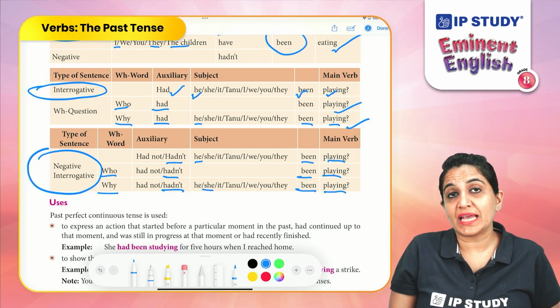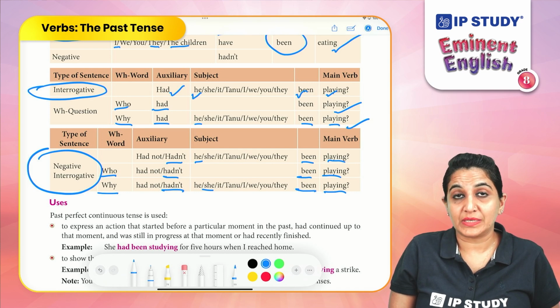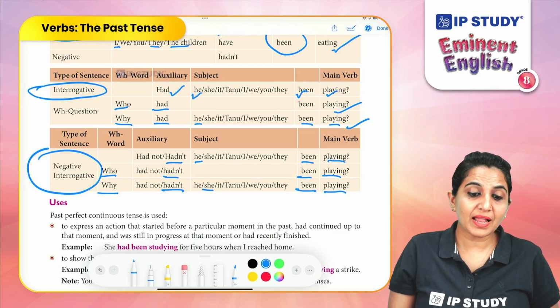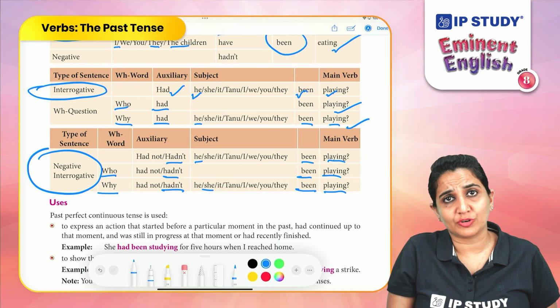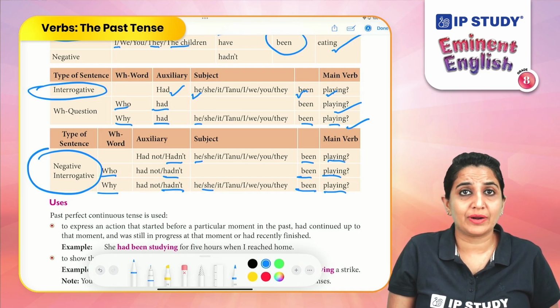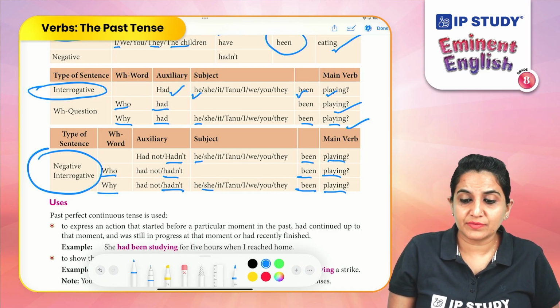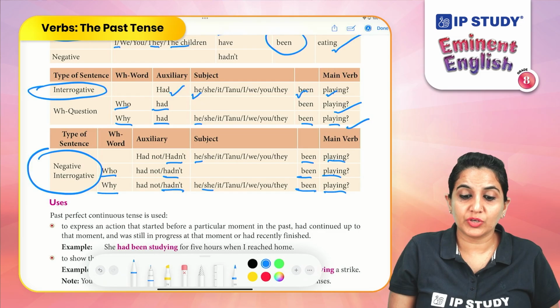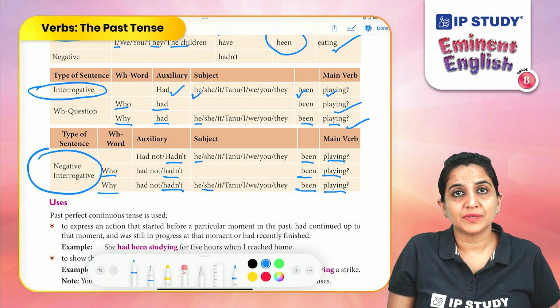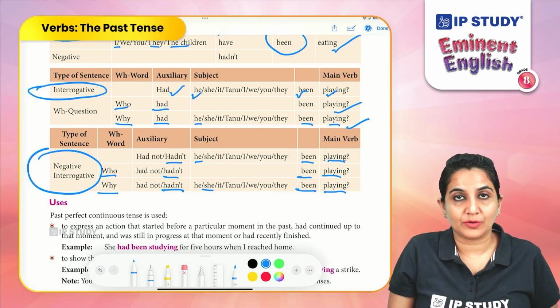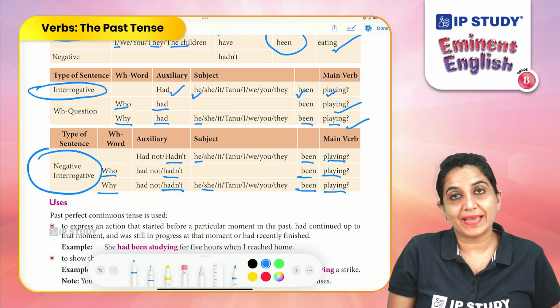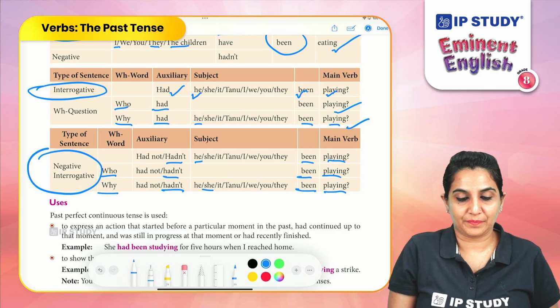With the subject, we add had been or have been along with the ing form of the verb. With the negative sentences, we use had not or have not, that becomes haven't or hadn't. With negative interrogative sentences, we say who hadn't been playing, or why hadn't she been playing.